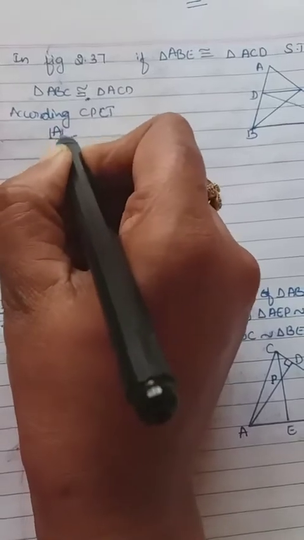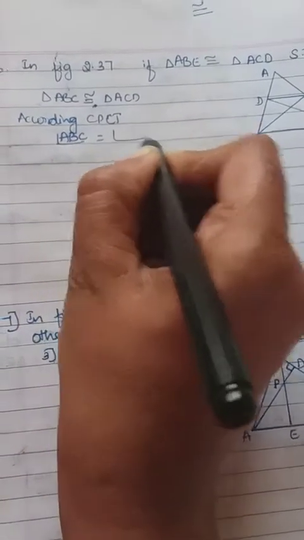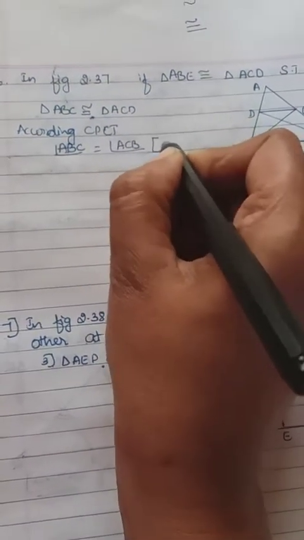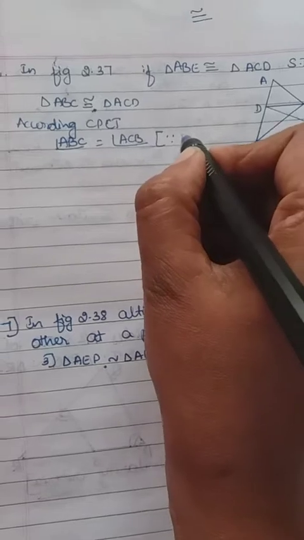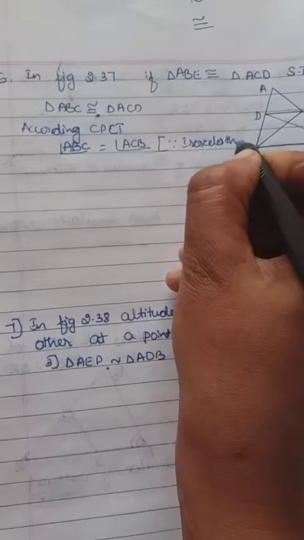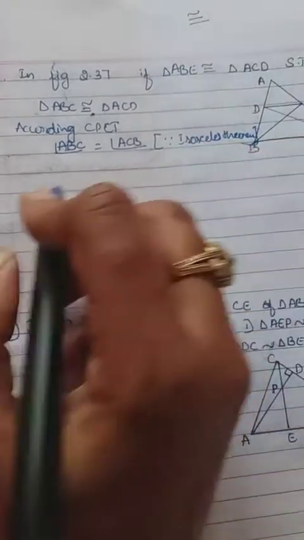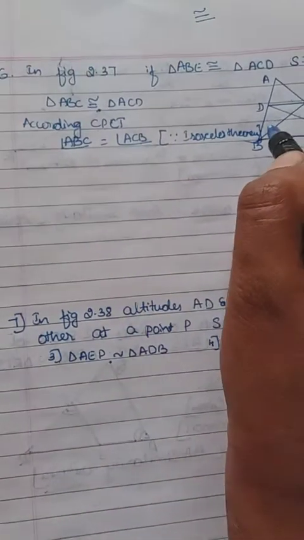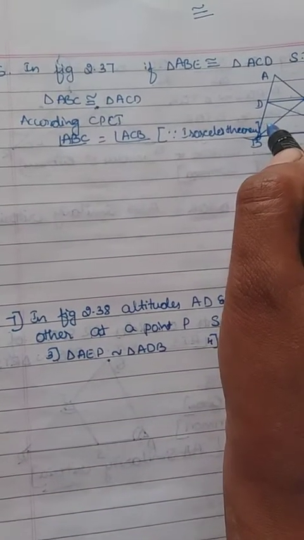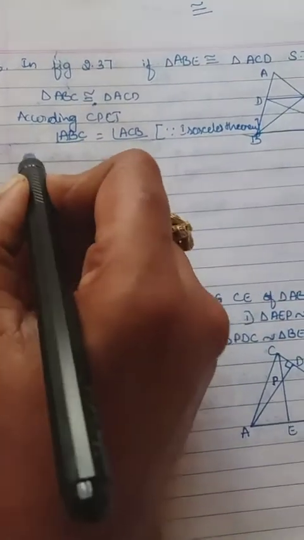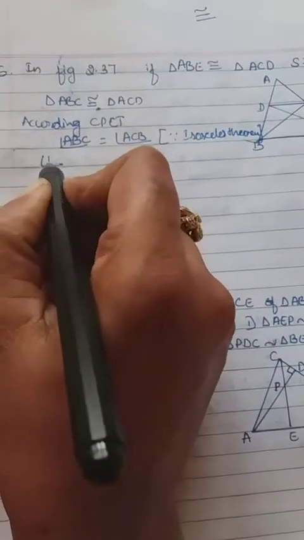In a triangle, angle A plus angle B plus angle C equals 180 degrees. Angle A is common to both ACD and ABE.